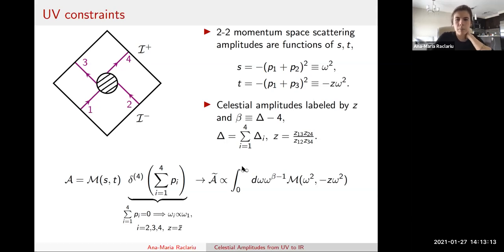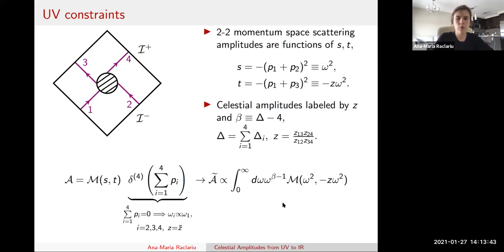The remaining piece is just a Mellin transform with respect to some energy variable, which we're calling omega, where beta is the sum of the external dimensions minus 4, so basically the sum of delta I minus 1, of the momentum space amplitude evaluated at s equal to omega squared and t equal to minus z omega squared.